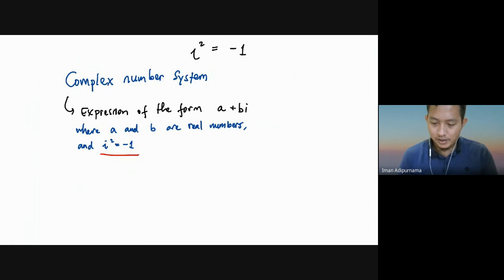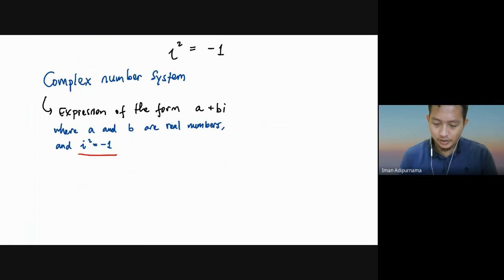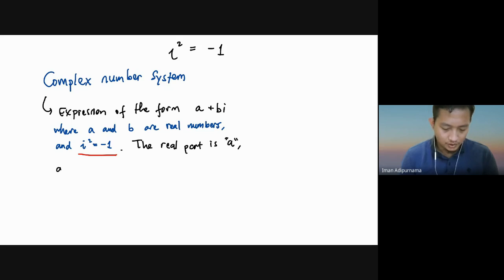And from this a plus bi, the real part is a, and the imaginary part is b.